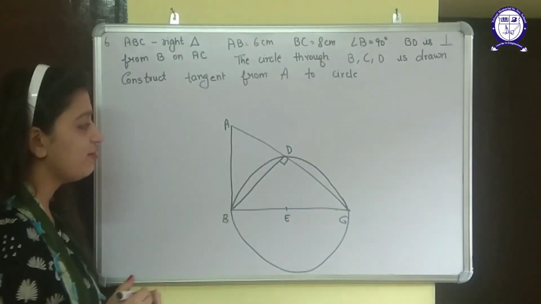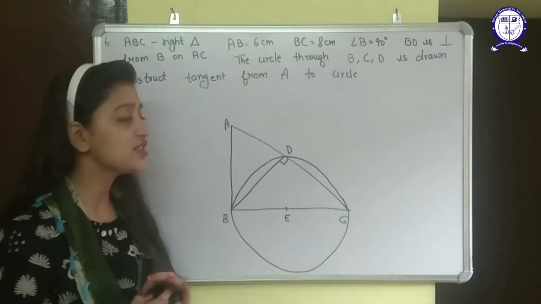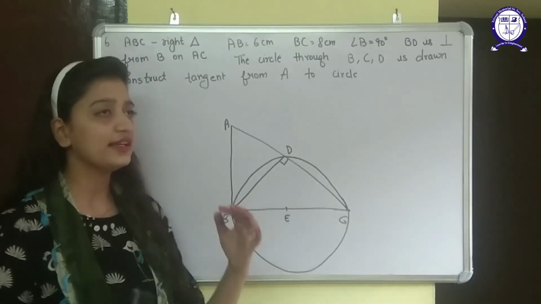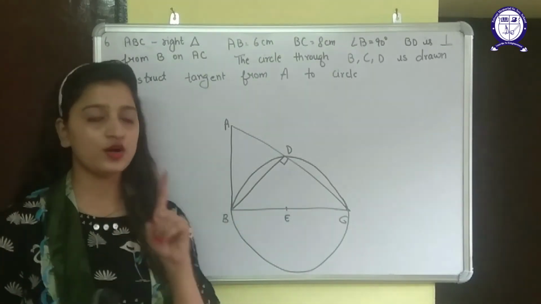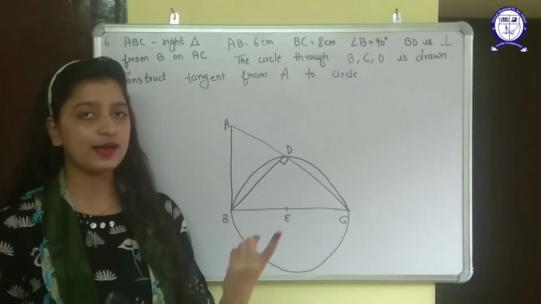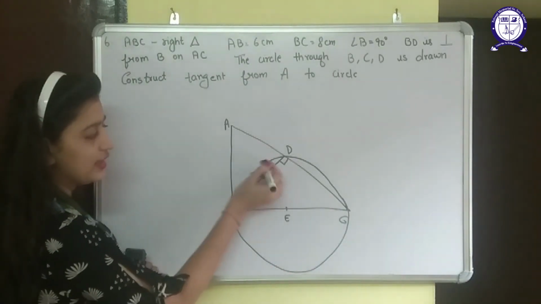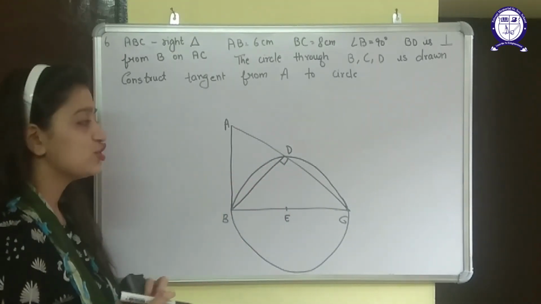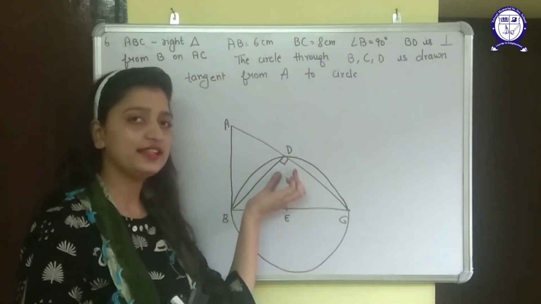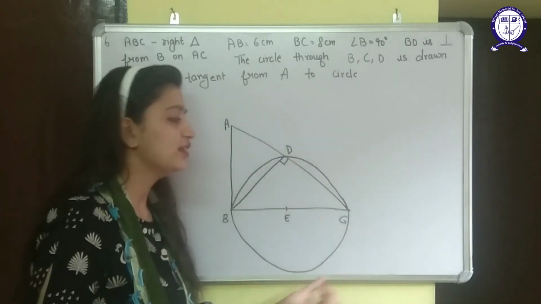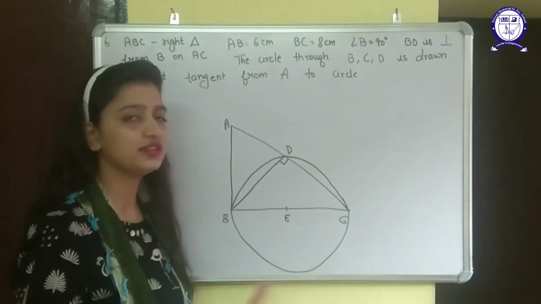The circle will be like this because we know that in class 9th we learned one property, that angle in a semicircle is 90 degrees. That is, if this is my semicircle, this angle will be 90. So it is given that this angle is 90, that's why the figure becomes like this. The circle will be like this.